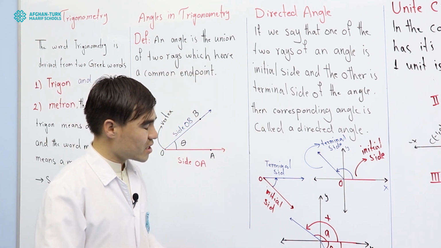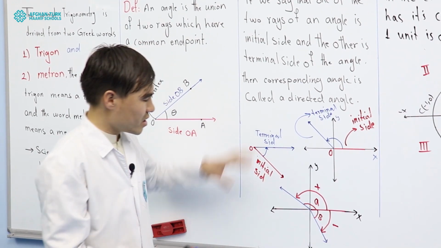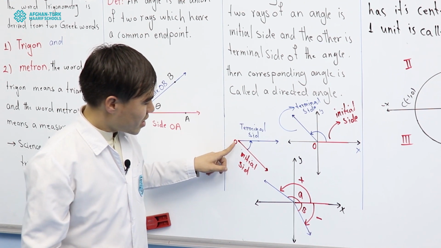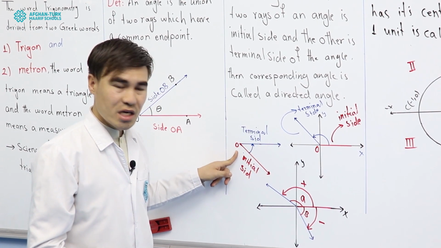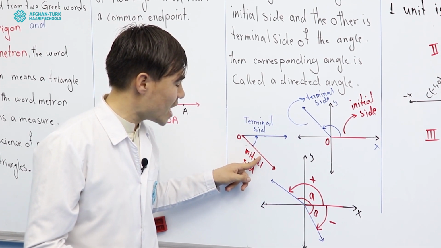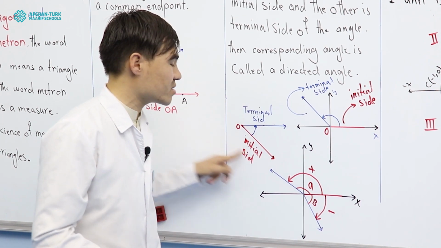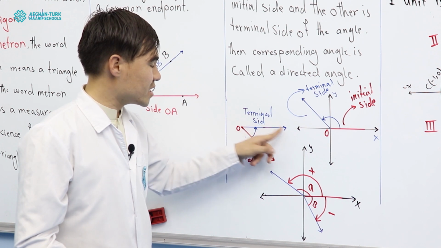As you see in the figure which I drew, this side, which I wrote in red, is the initial side. This side rotates around one point, which is called the vertex.